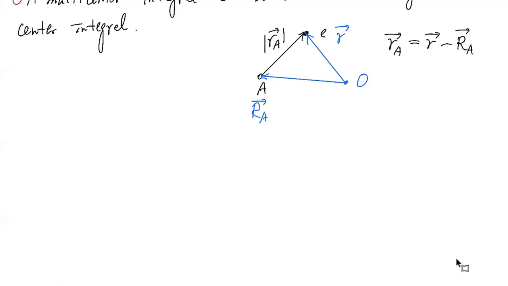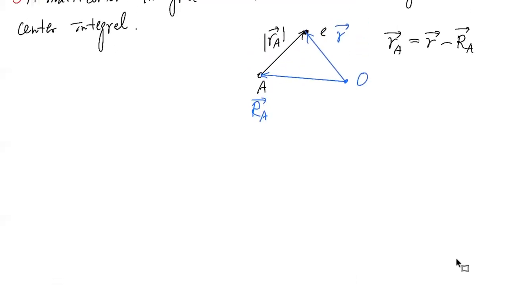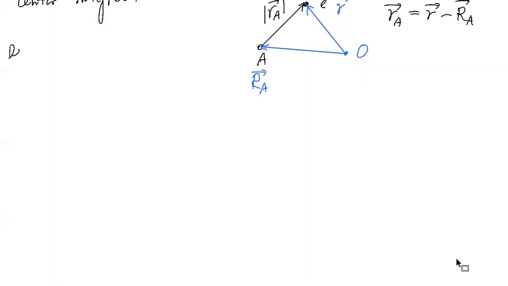Okay, this is just the notation, because I need to use this notation in defining the Gaussian type orbital. There are actually two ways to define the Gaussian type orbital. The first way is to define the so-called spherical Gaussian type orbital. GTO is an abbreviation for Gaussian type orbital.